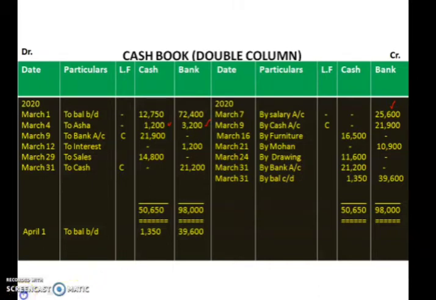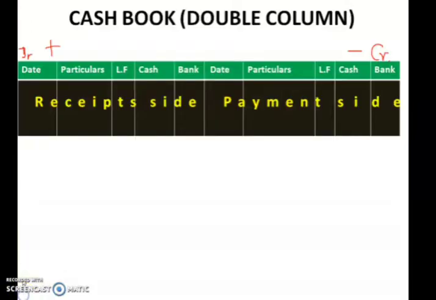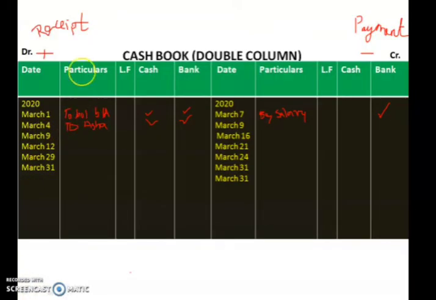Now next transaction is March 9th, withdraw cash from bank for office use. So here I am withdrawing cash from the bank for office use. So in the office, cash is coming in, cash is increasing, isn't it? So whenever there is increase in cash means what? Receipt is there. Okay, so receipt, what will be the journal entry in this case?